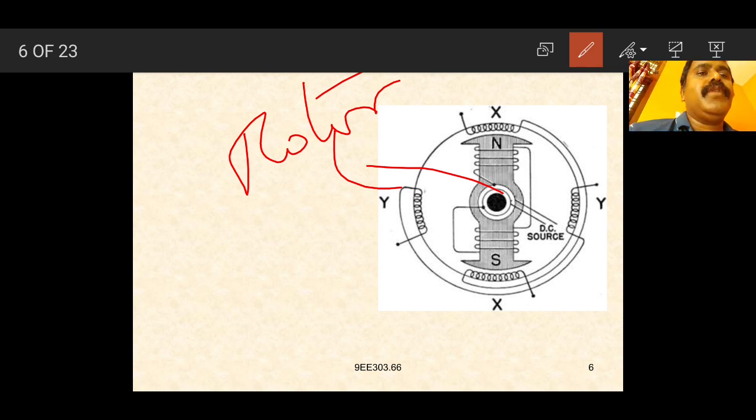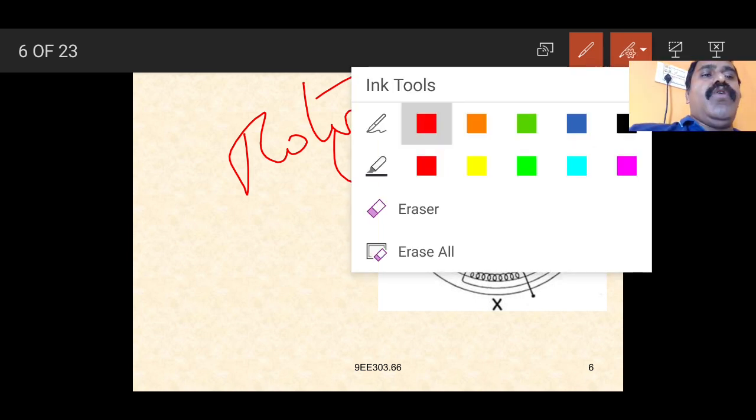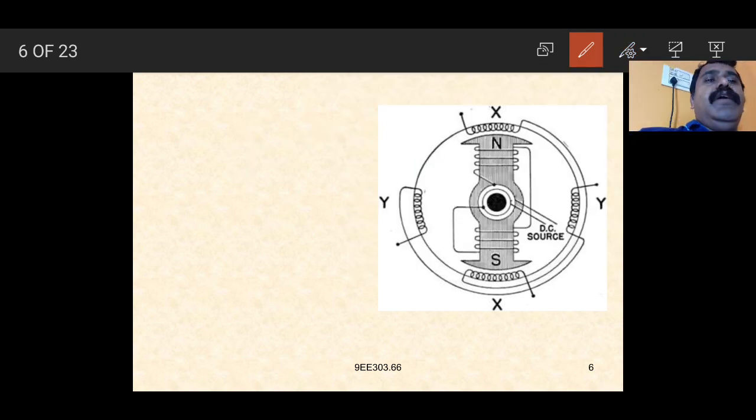On the rotor the coil is fixed, and these are the field windings. Whenever the current passes through the windings, flux is set up and a force is exerted, therefore the rotor rotates in the clockwise or anti-clockwise direction.